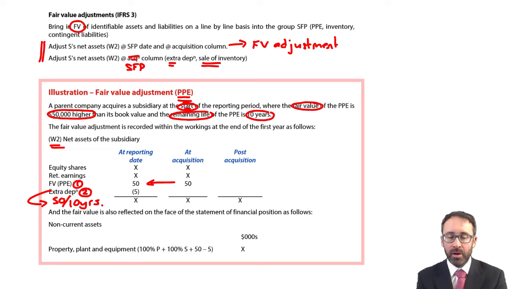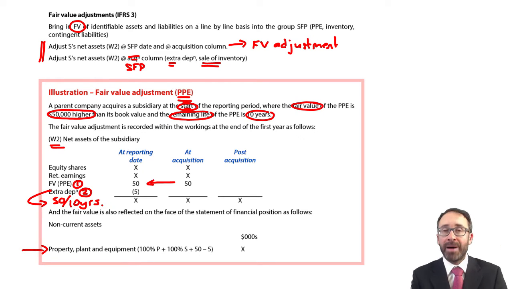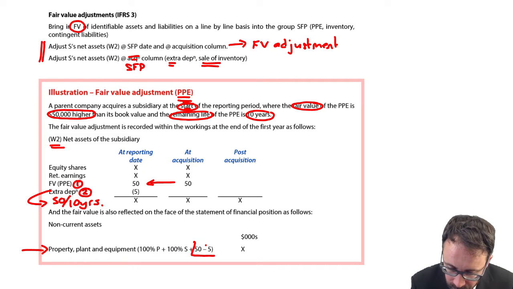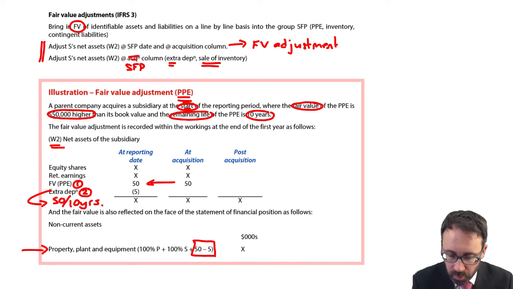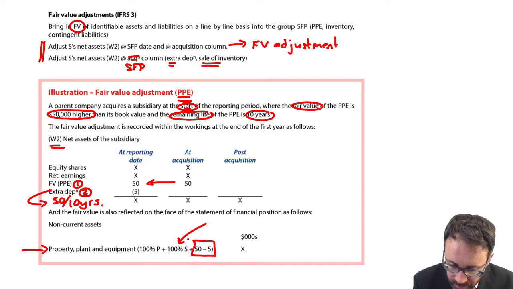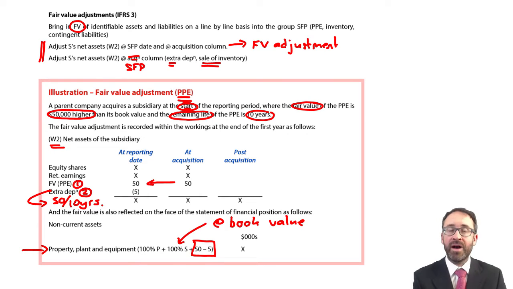Just be careful. We also need to go through there, and this is vitally important if you want your SFP to balance, is that you also need to go through there and adjust the property, plant and equipment. Because what you've got there is 100% of S at the book value, isn't it?